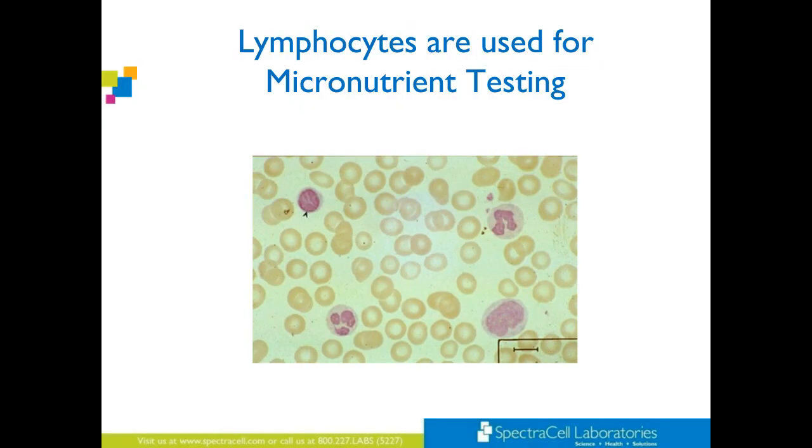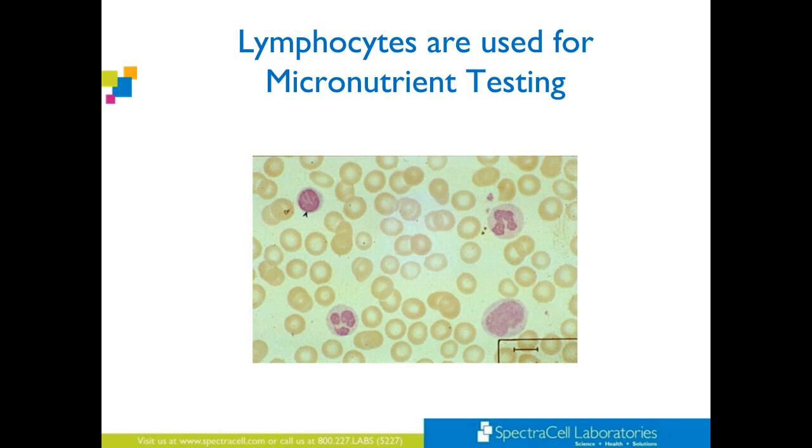For those of you that are just joining us for the first time this month or are not very familiar with SpectraCell, the micronutrient test, as you know, utilizes the lymphocyte, and this cell recycles about every 6 to 9 months, so it looks back 6 to 9 months of a person's health. This is the main test that we try to correlate all the other tests with.